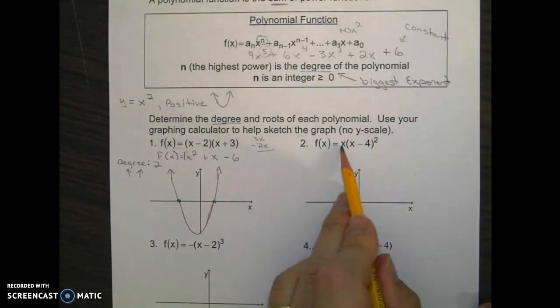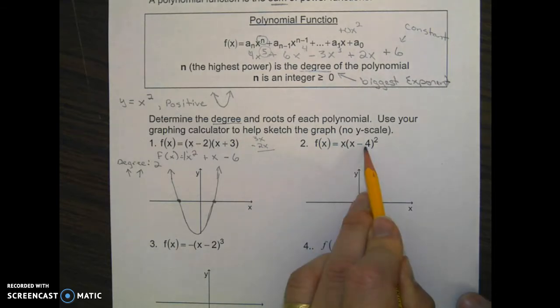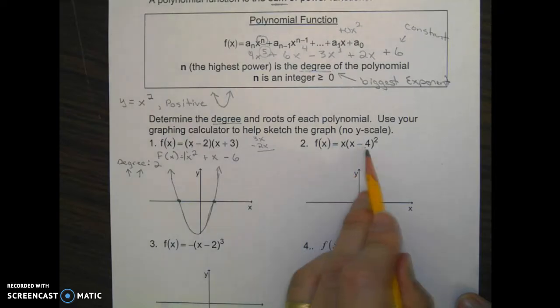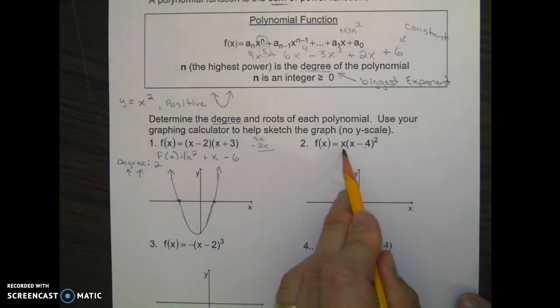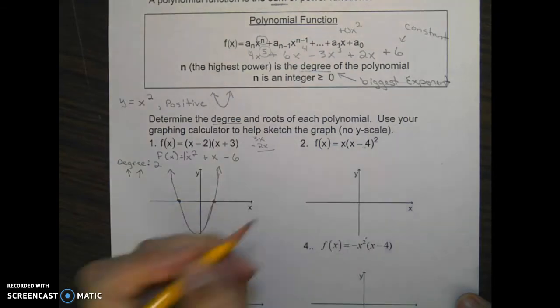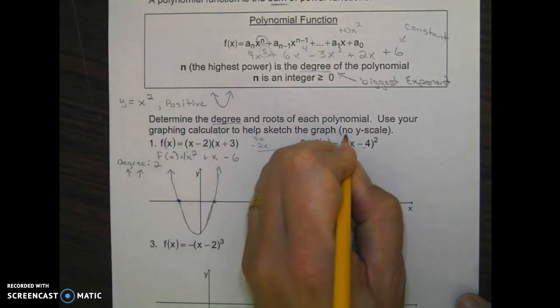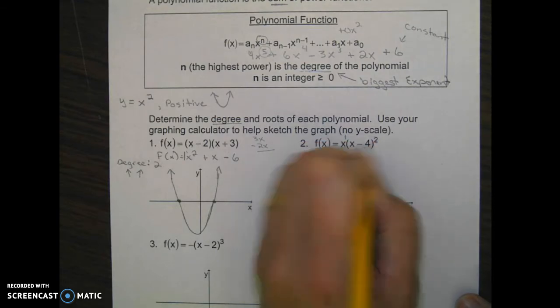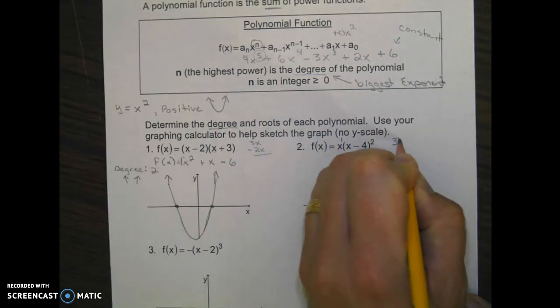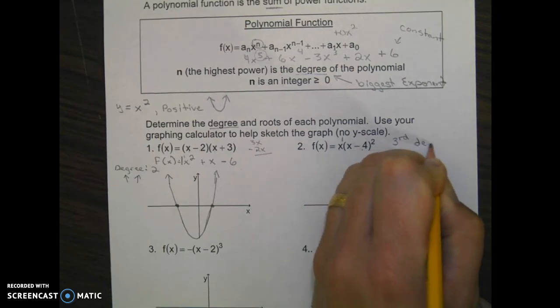Okay, so let's take a look at number 2. So here we have factored form, okay, and so we want to get the degree. So a really quick way, when you're in factored form, a short way to get the degree is, since we're multiplying the factors, all we have to do is add the exponents. So this would be x to the first, and this would be x squared. So 1 plus 2, so this would be a third degree polynomial.